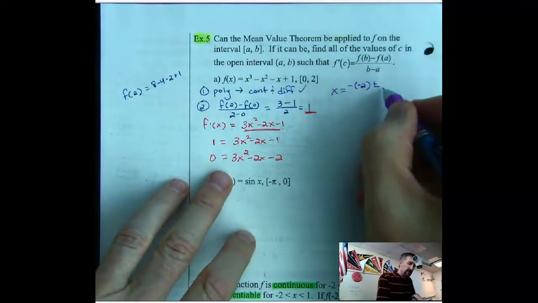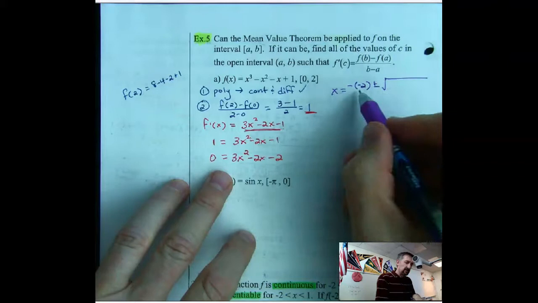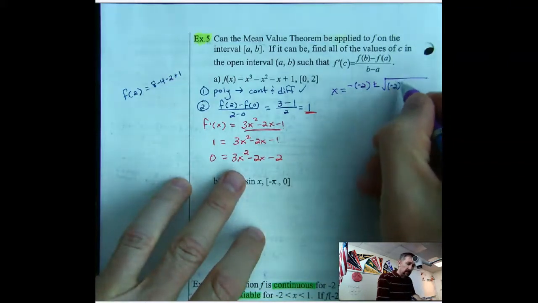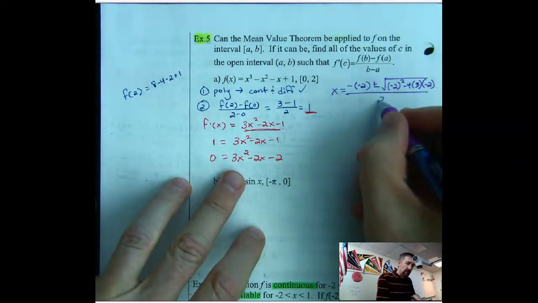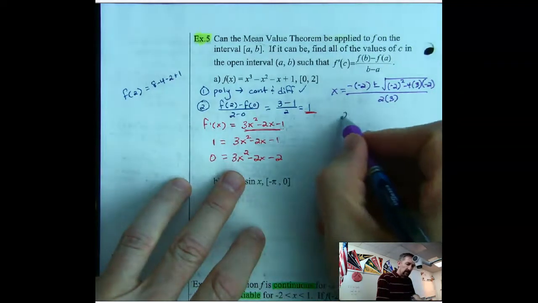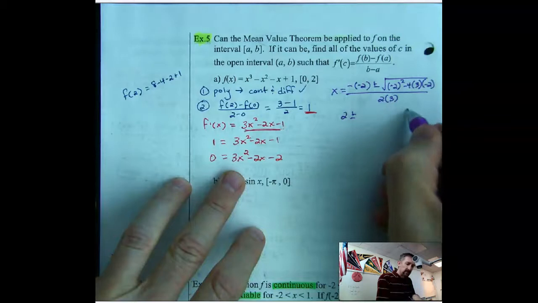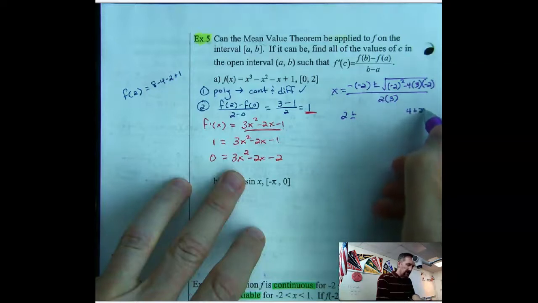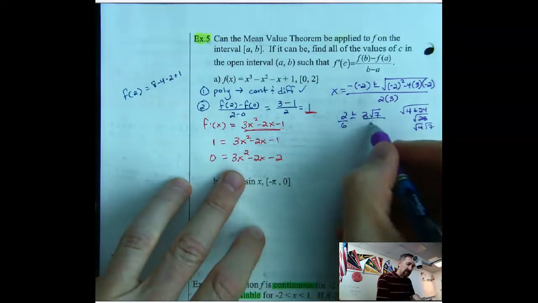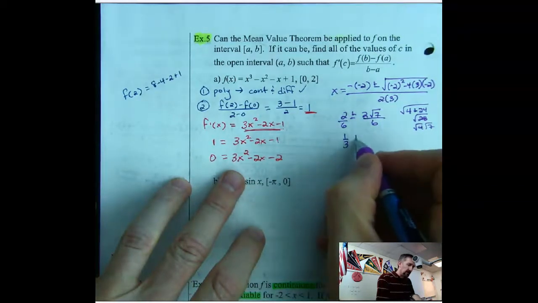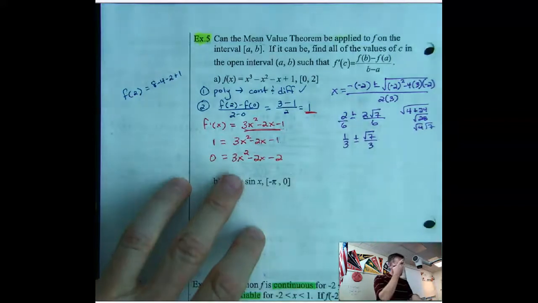It might have been a while since you've done this. x equals the opposite of b plus or minus the square root of b squared minus 4ac, all over 2a. 2 plus or minus, that's going to be 4, that's going to be 24, so that's going to be 28, which is 4 and 7, so that's going to be 2 root 7, and that's over 6, so that's going to be 1/3 plus or minus root 7 over 3.